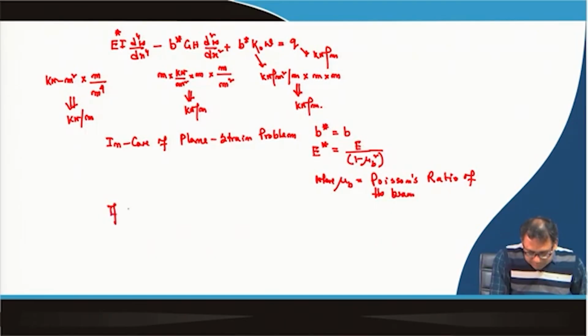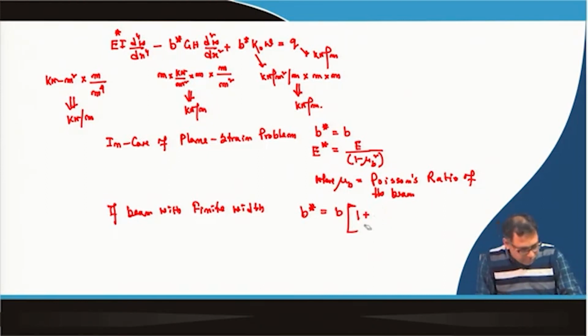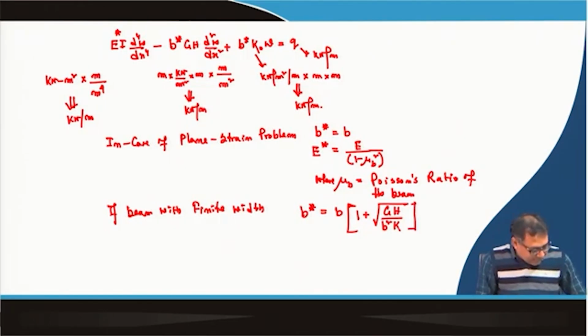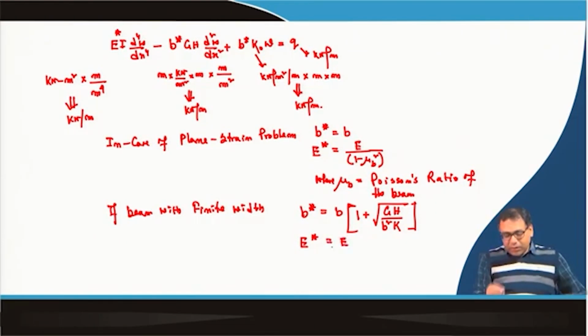Now, if it is a beam with finite width, then B star will be equal to B times 1 plus root over GH divided by B square K, okay, and E star will be equal to E. Now, what is the difference between the two cases, a beam under plane strain condition and a beam with finite width?